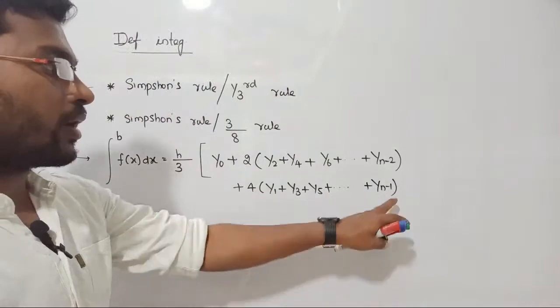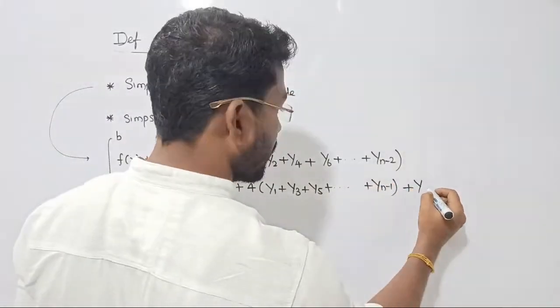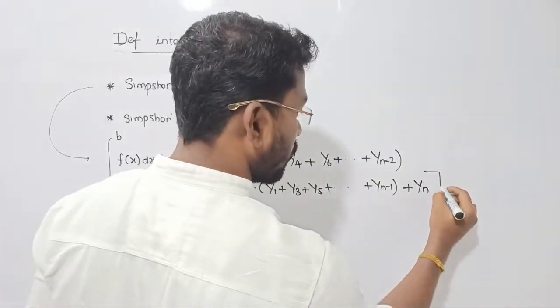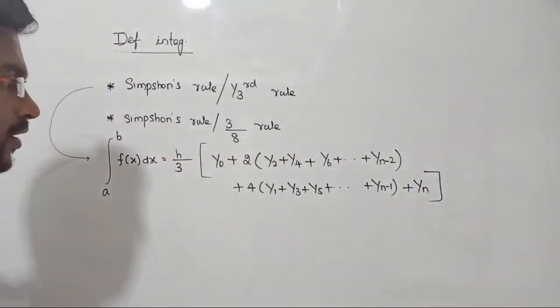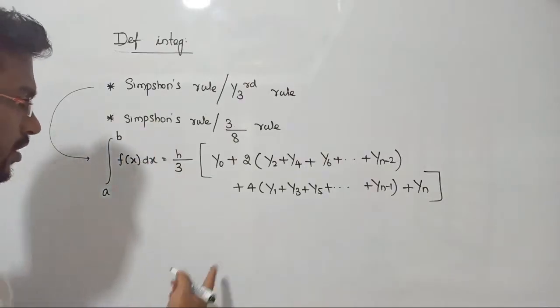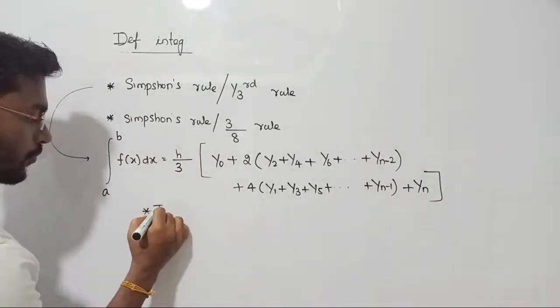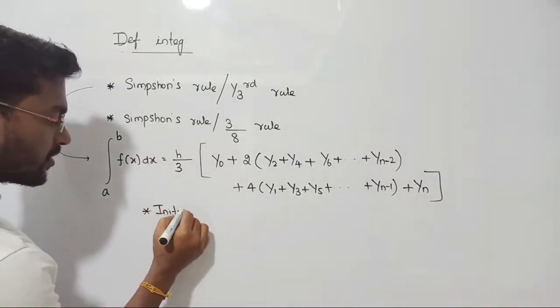See, why am I stopping with yn minus 1 and yn minus 2? Because the last point is not going to be repeated much, only one time that will exist, the final point. Clear? So that is the formula that we are using in case of Simpson one-third rule, right? So in Simpson rule or Simpson one-third rule, how many initial points are we considering? Number of initial points.